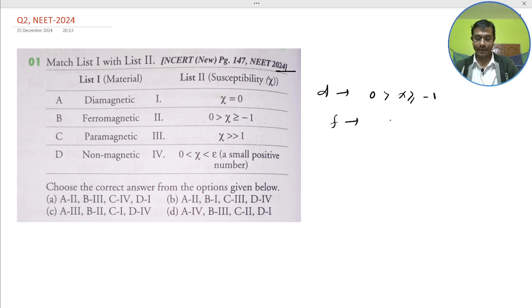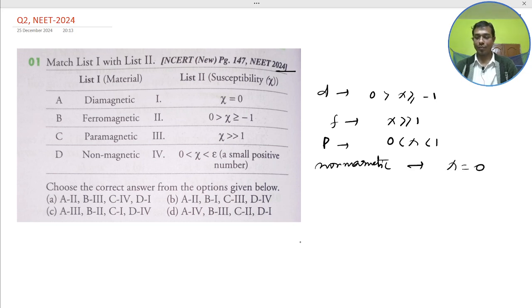For ferromagnetic, chi much greater than 1. For paramagnetic, 0 less than chi less than 1. For non-magnetic substance, chi is 0. So match this. A would be your correct answer.